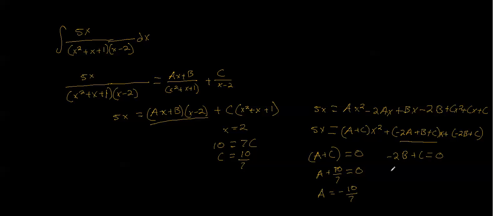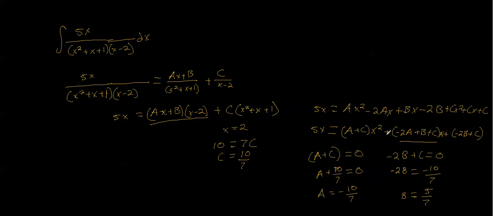And because we know c equals 10/7, we can say that negative 2b equals negative 10/7. And then when we divide by 2, we are left with b equals 5/7.